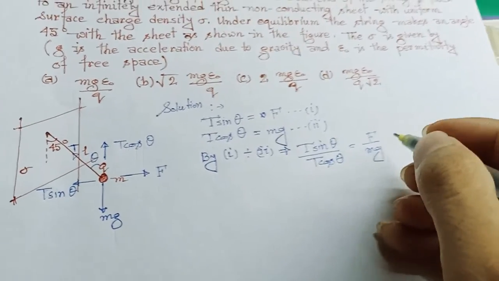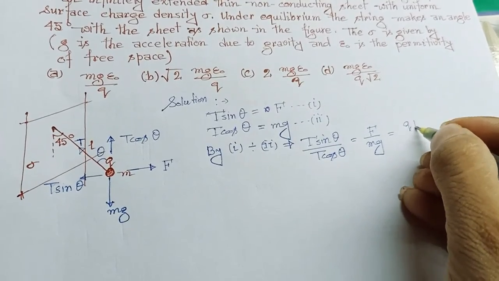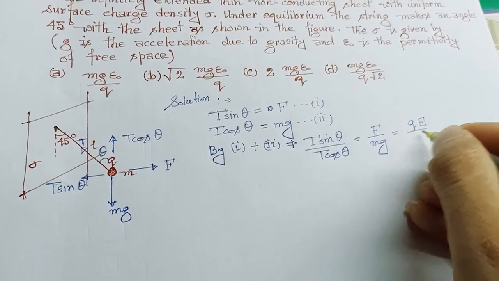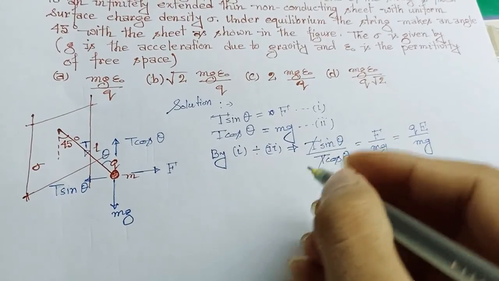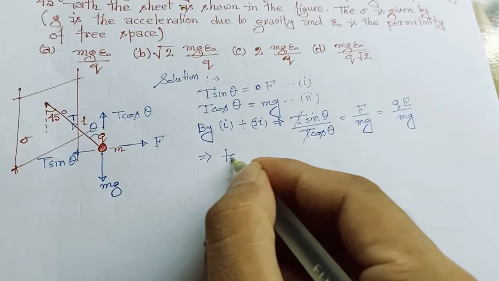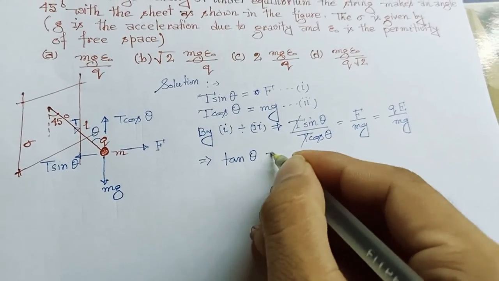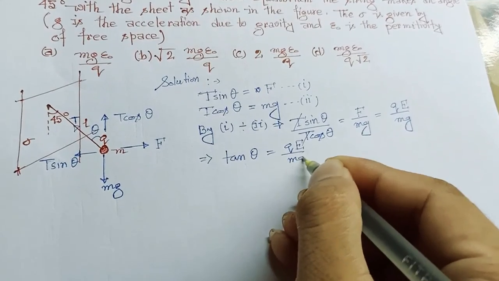Now as we know, the electrostatic force is equal to QE, and the denominator is mg. Now this T and T get cancelled, so after cancelling we'll get tan theta equal to QE divided by mg.